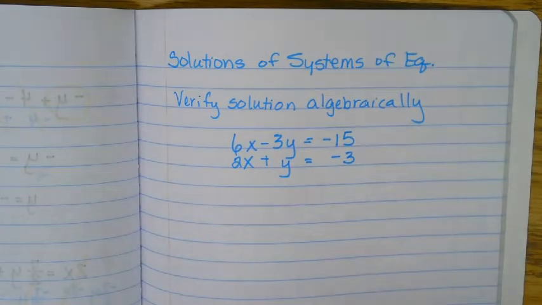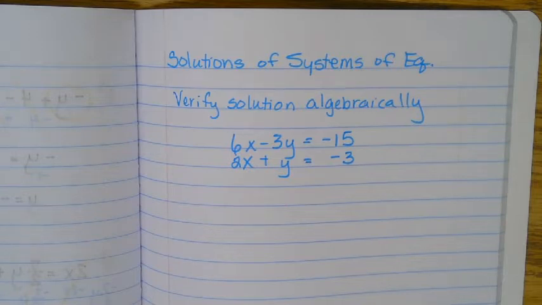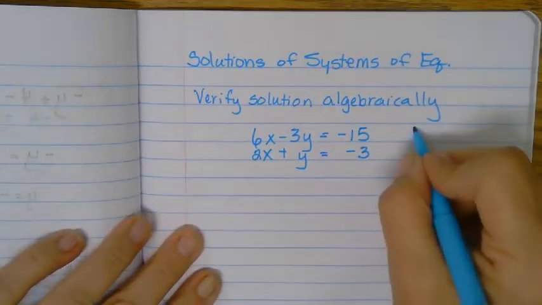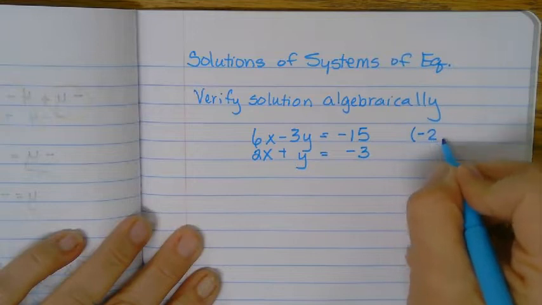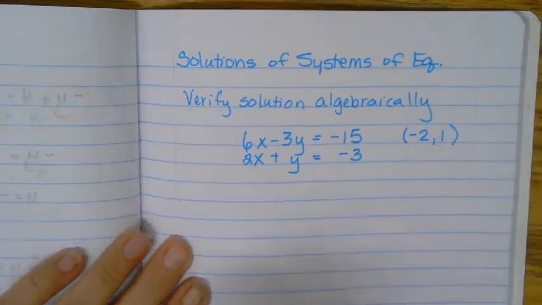So we could graph those. It would take a little work because we would have to get them in y equals mx plus b, and then graph both of them, and we'd be able to see where they cross, right? That would be what the solution is. So pretend we graphed these, and it looks like our solution is at the point 2, 1.